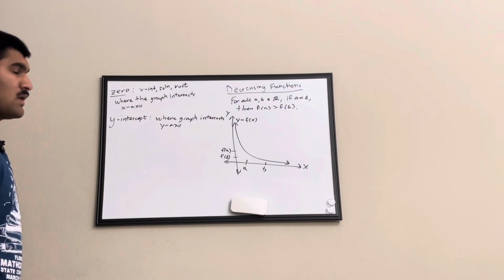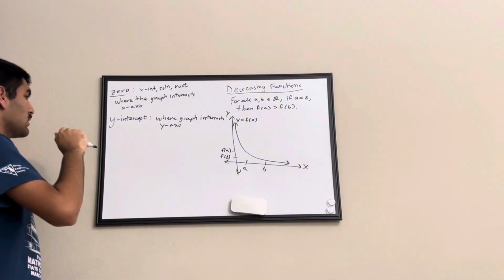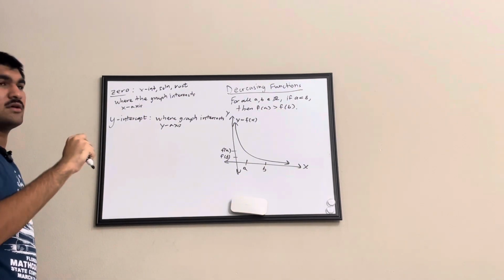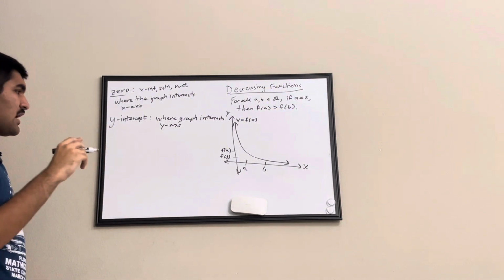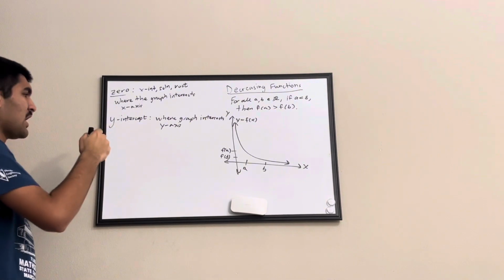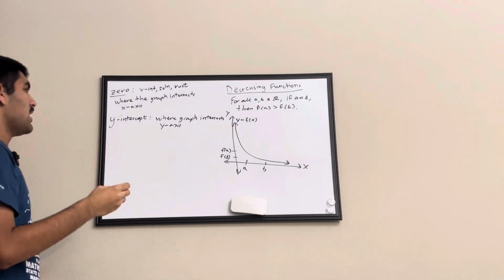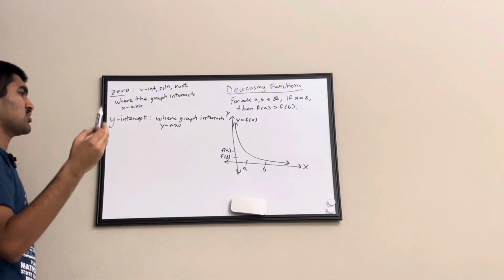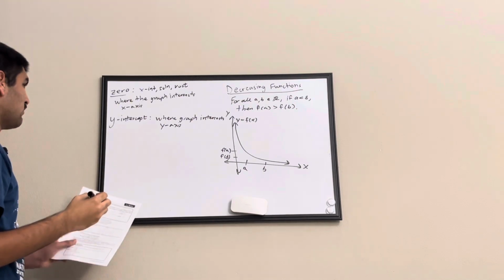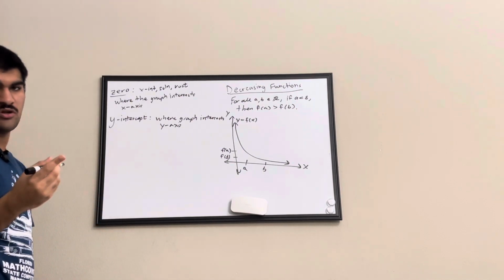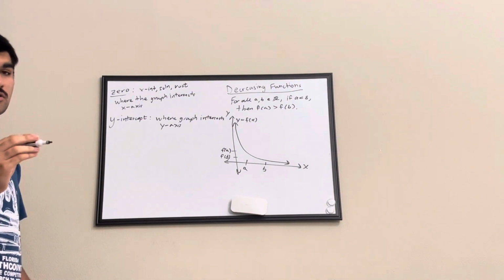A key thing is that a function can have a maximum of one y-intercept, while there's no restriction on how many x-intercepts, or zeros, it can have. But a graph can only have one y-intercept. So if a graph has more than one y-intercept, it is not a function.